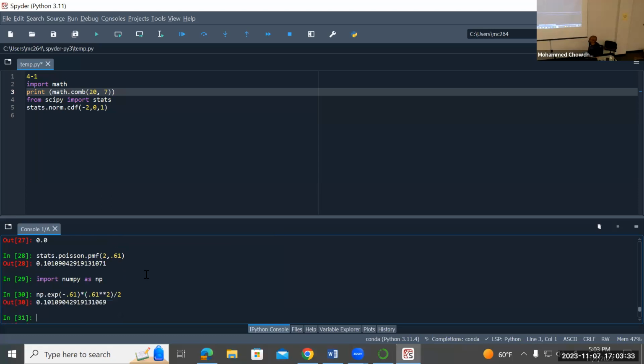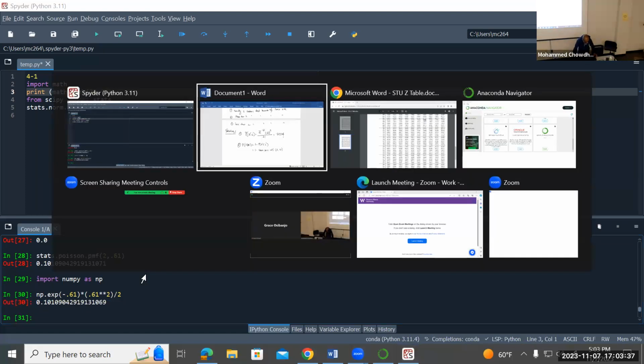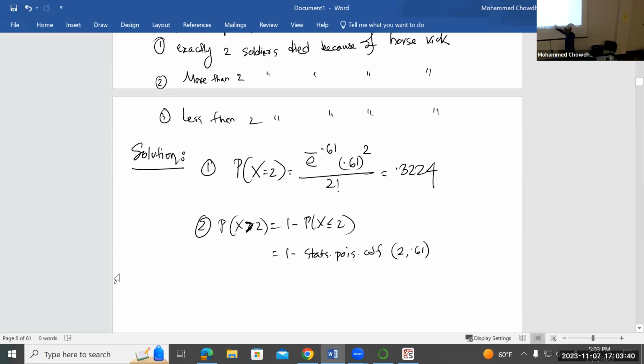Yep. Okay, let me clarify one thing. Take a look at the board. When I plugged these things into the Python, I did not put this negative sign. So that is why I got this value. Actually, this value is wrong. When I manually computed the Poisson probability of having exactly 2 deaths by horse kick, I forgot to put the negative sign.